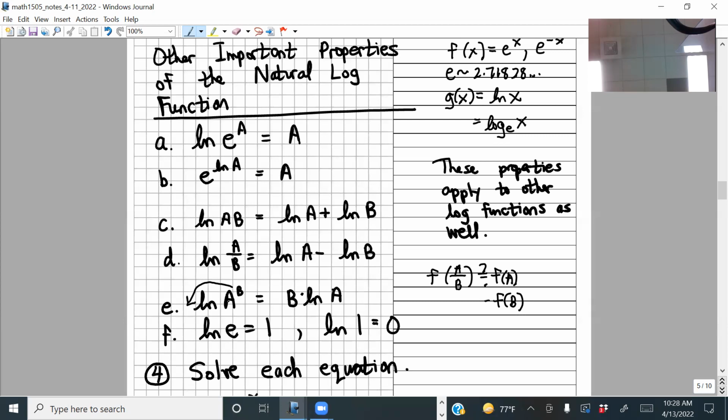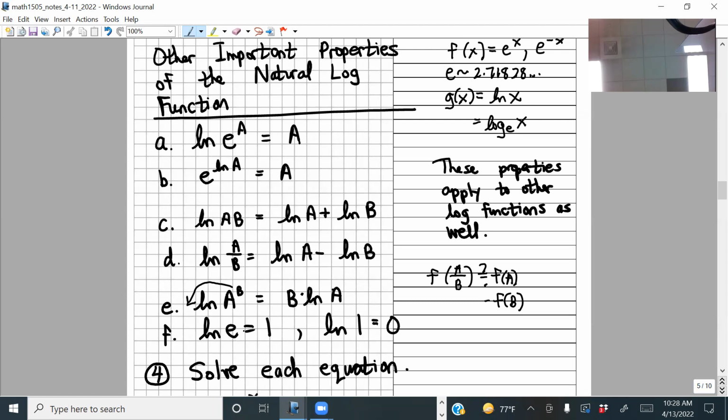So the natural log of a to the b power is the same as b times the natural log of a. Sometimes powers are complicated and difficult to calculate. So this property is really useful because we can undo the power and just turn it into a product with a coefficient. That can be very helpful.